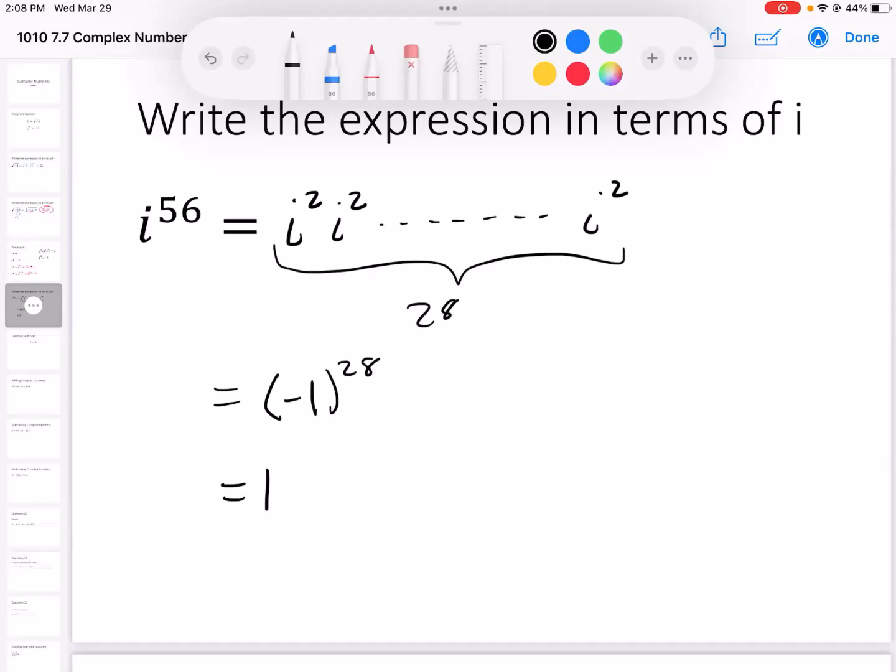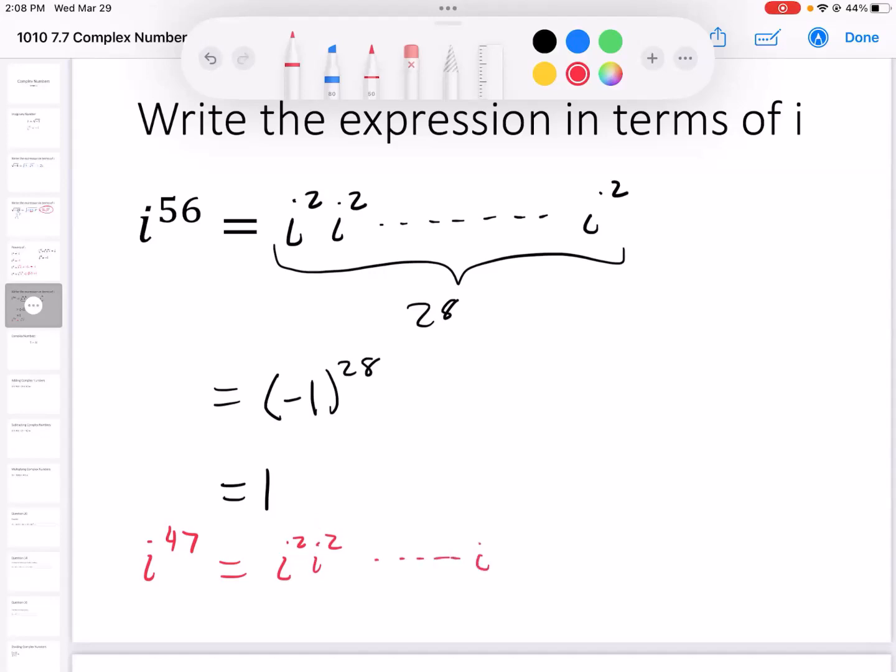But you could also have problems like maybe figuring out what i to the, I don't know, let's do like 47th power would be. And in that case, how many i squareds are there? Yep, so we have 23 i squareds.